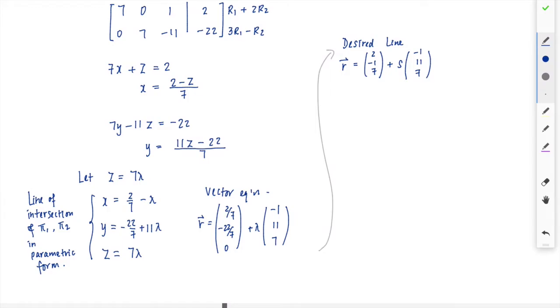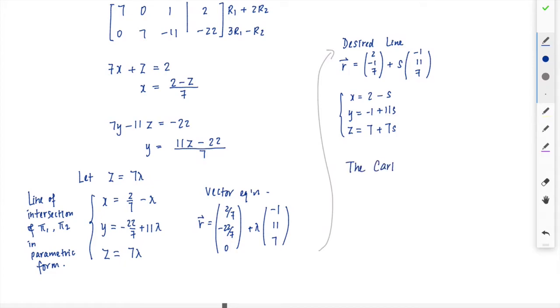Okay, we need to put this into Cartesian form. So one way of doing it is to first write out the parametric form and then isolate s the parameter. Okay, so here we have x equals 2 minus s, y is negative 1 plus 11s, and z is 7 plus 7s, okay, which gives us s equals 2 minus x in the first place.